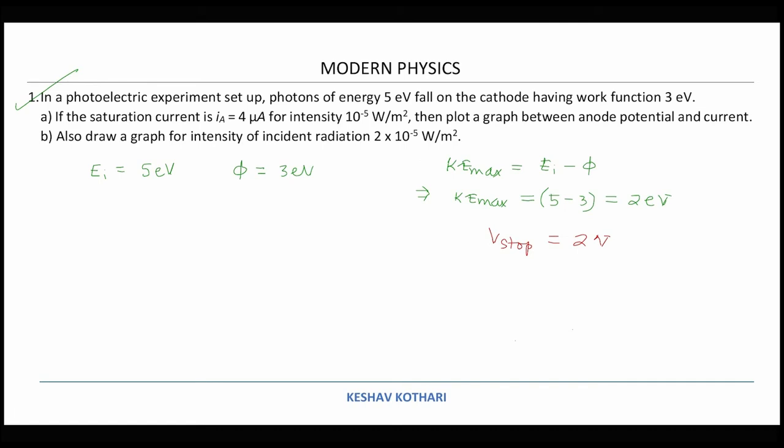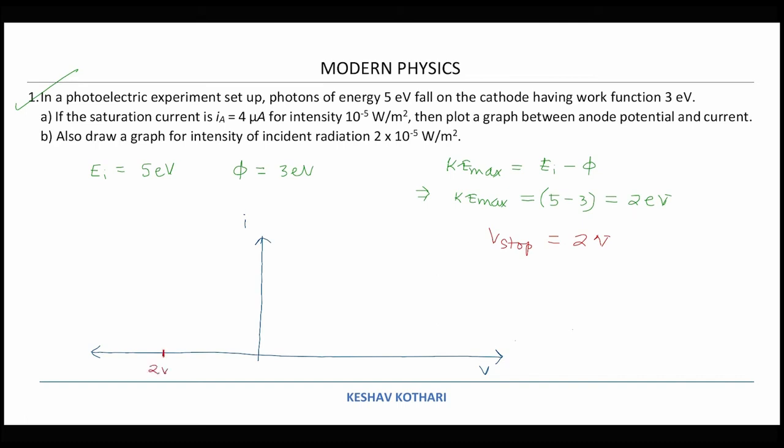So now if we look for this particular graph, we can draw the graph like this. On the y-axis we are measuring the value of current, and along the x-axis is the value of potential V. So over here the stopping potential is marked as 2 volt.